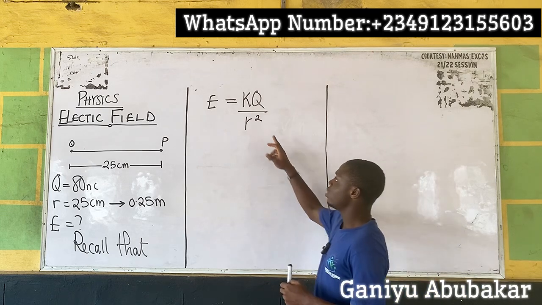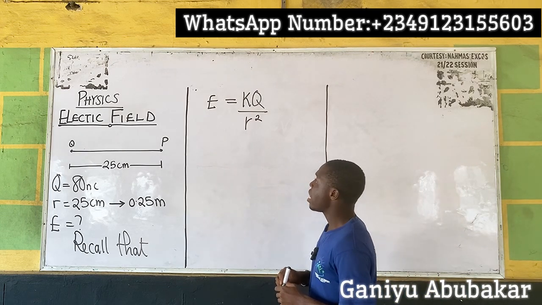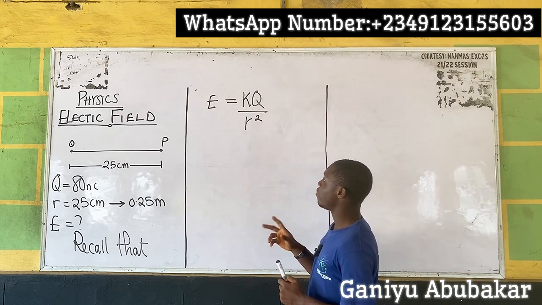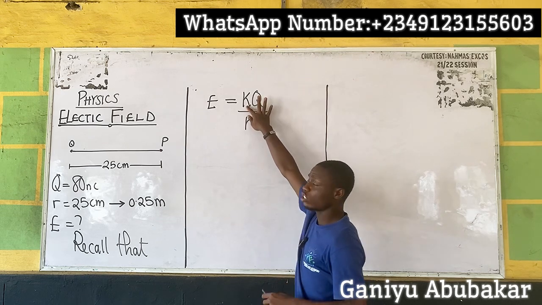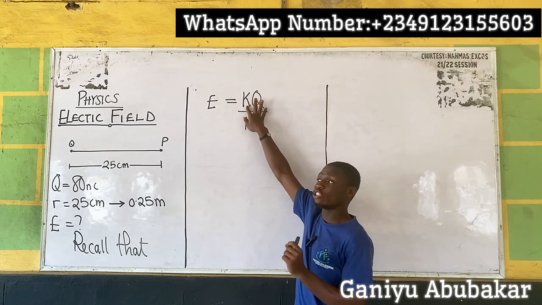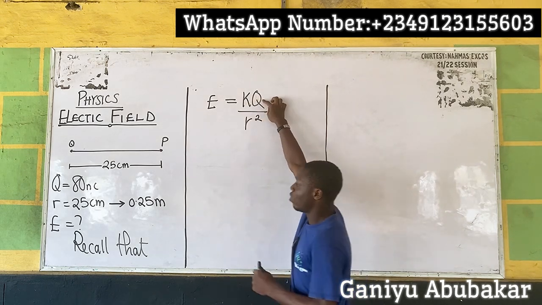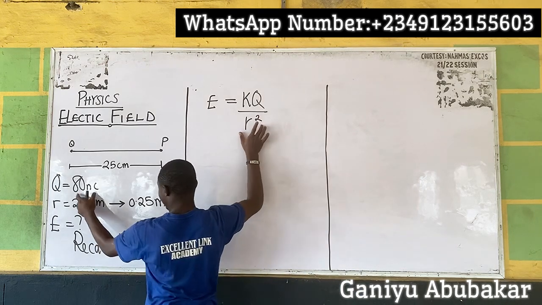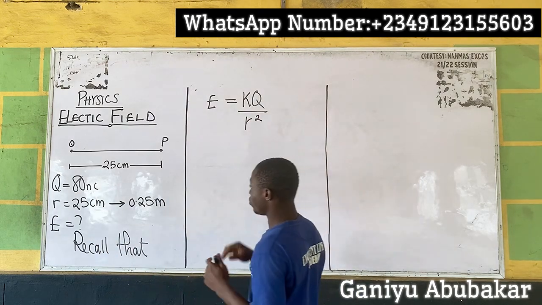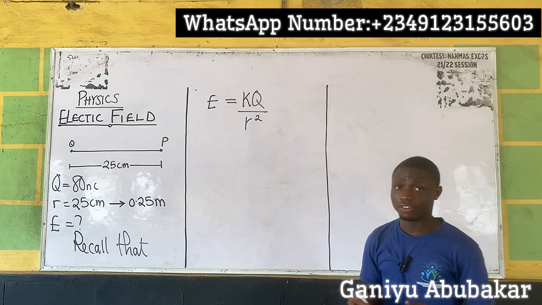This becomes your formula for electric intensity. So I need K, which is a constant, 9 times 10 to the power 9. Q is given, and R is given. So let's input values and get the answer.